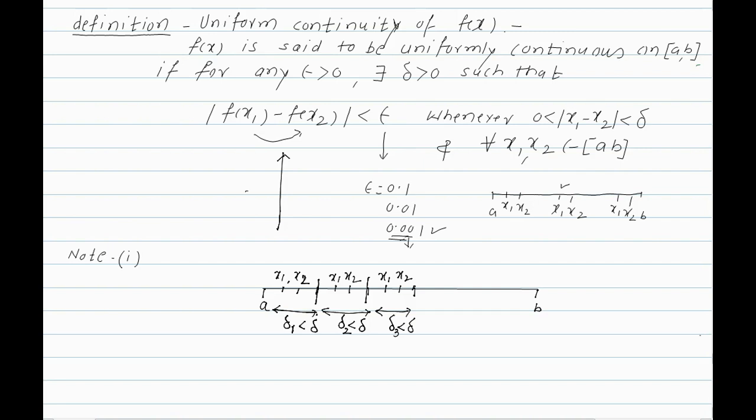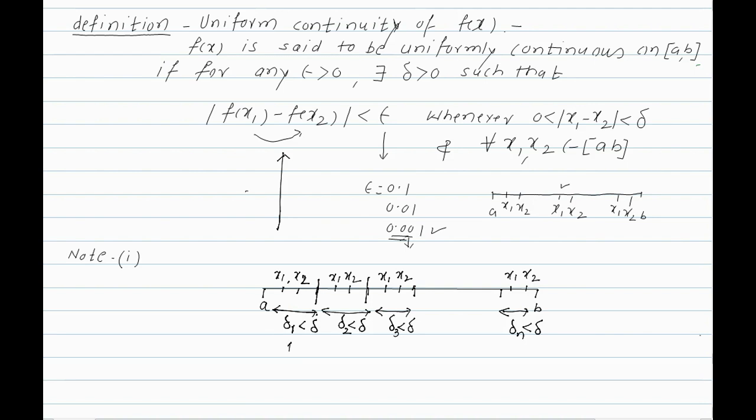Suppose the last interval is nth interval. This is nth interval, say delta n, and its length is less than delta, and therefore if you select any 2 points in this interval, then by definition of uniform continuity, difference between values of the function at these 2 points is also less than epsilon.